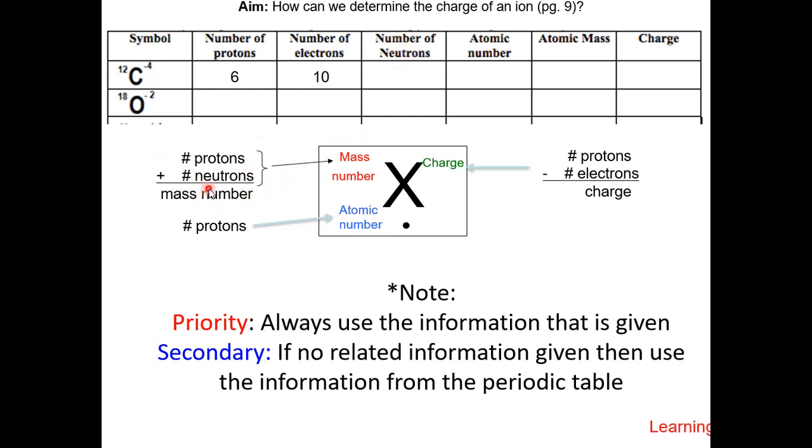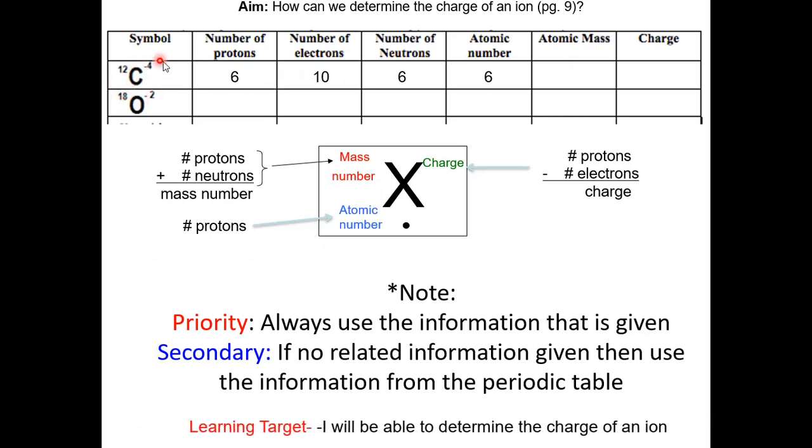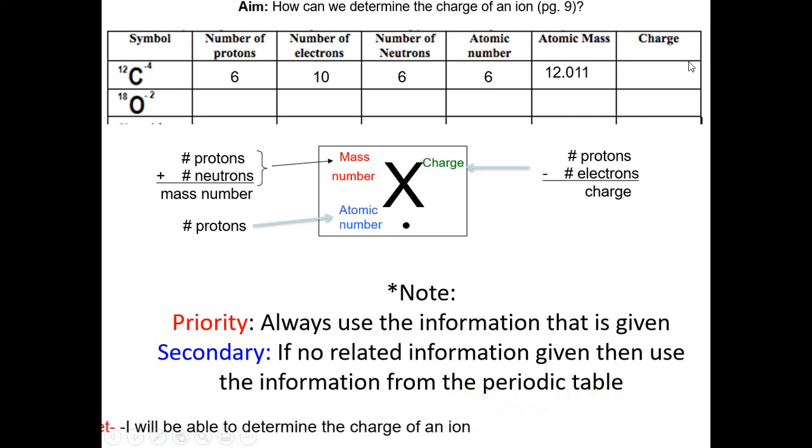So if you work backwards, you should get 6 as the number of neutrons. The atomic number is the number of protons. So for carbon, it's always going to be 6. For the atomic mass, it is not given in the chemical notation. You have to look it up on the periodic table. If you do that, it is this. And the charge of this carbon is -4.